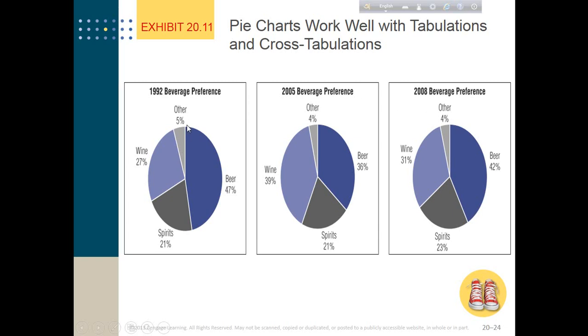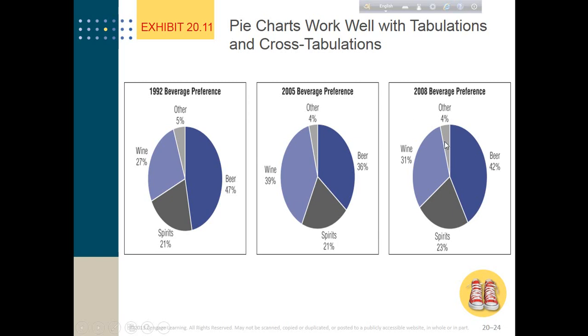For example, in 1992, you can see beer was the most preferred with 47% preference, spirit 21%, wine 27%, and other 5%. From 1992 to 2005, we can easily see that the popularity of wine has increased substantially, for example, 27% to 39%. However, beer has lost its popularity, whereas spirit remains almost the same.